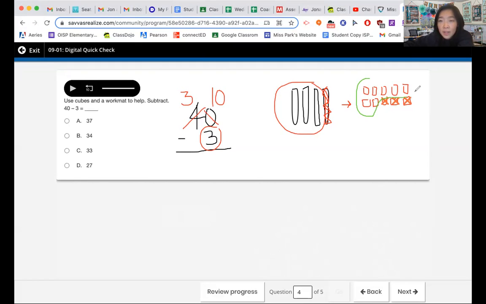How many do we have left? 7. And then we don't have to subtract 3 by anything. So you just drop down to 3 because 3 minus nothing equals 3. What is your final answer? 37. Very good, guys.